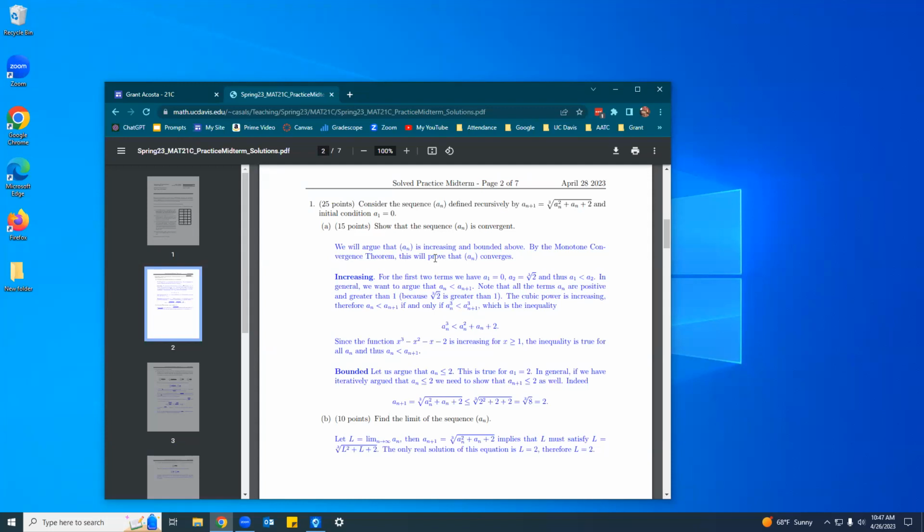Okay. Well, let's bring everything to the left, and I want to say that that minus that is bigger than 0. So I want to show that a sub n times 6 minus a sub n is bigger than 0. And that's true if a sub n is between 0 and 6.